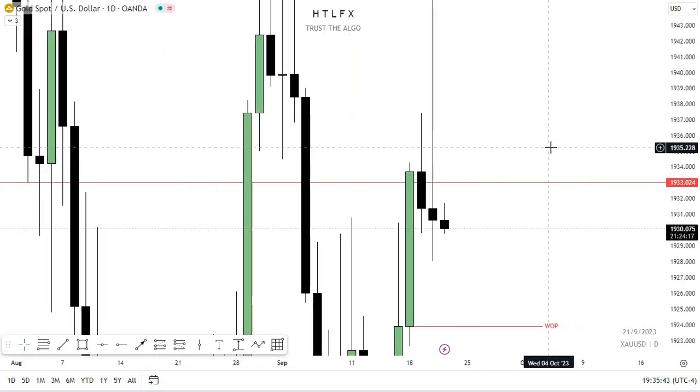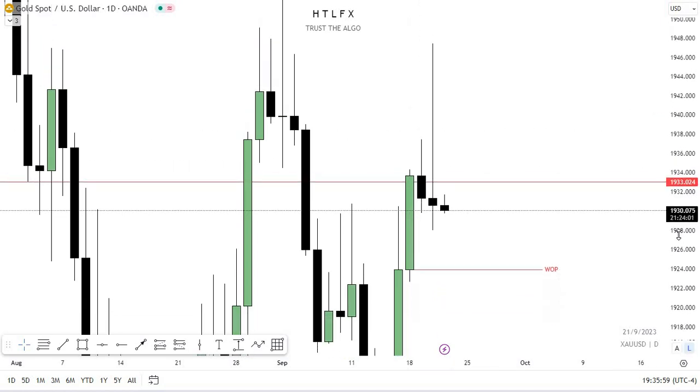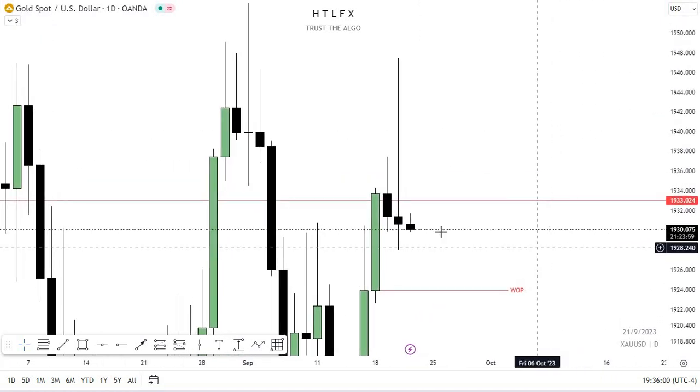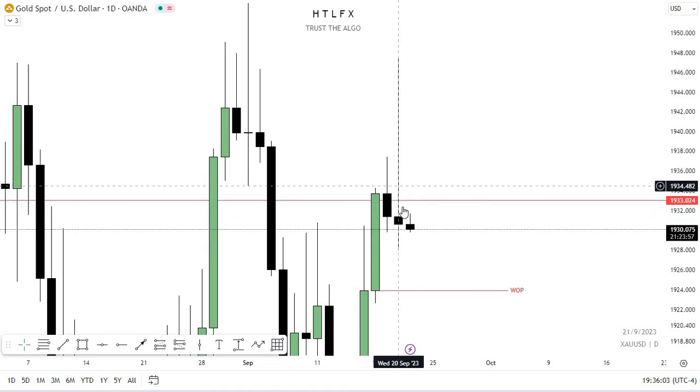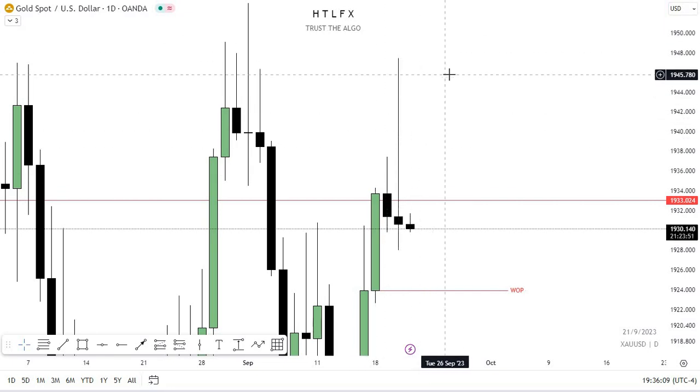Logically, the daily candle needs to close below it because the body respects the consequent encroachment. So the body tells the story and the wicks make the damage. Today, the candle closed below, but the wicks made the damage. Look at this big move.